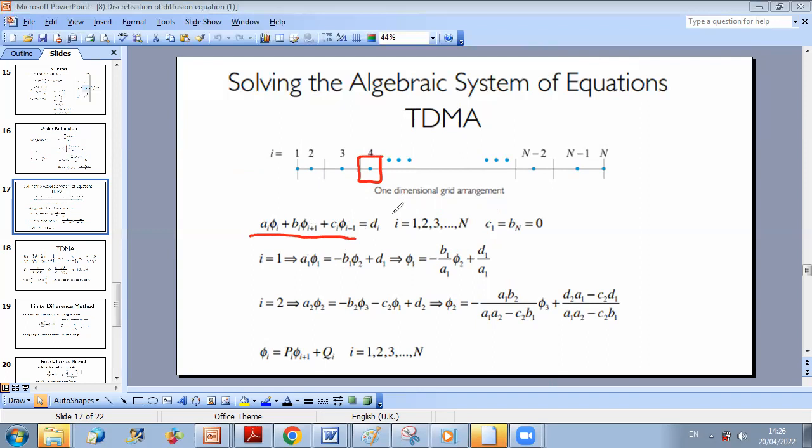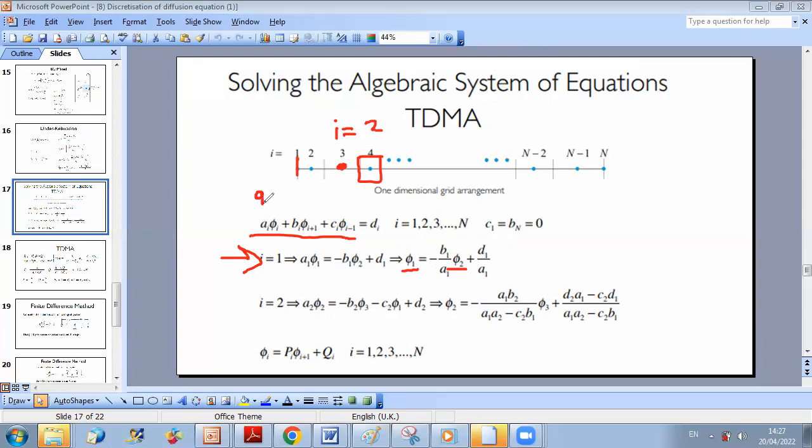But I will take advantage of the fact that I already started to solve from the first cell. From the first cell, I was able to express phi 1 as a function of phi 2. So now, if I move to my second cell, for i equal to 2, where i is the number of the cell, if I apply this formula, I get A2 phi 2.